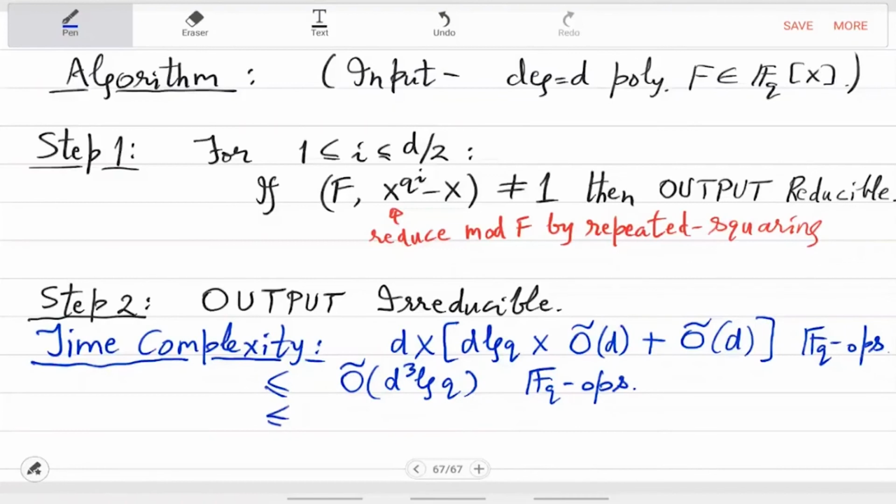Just O tilde log q. So this is the actual time.